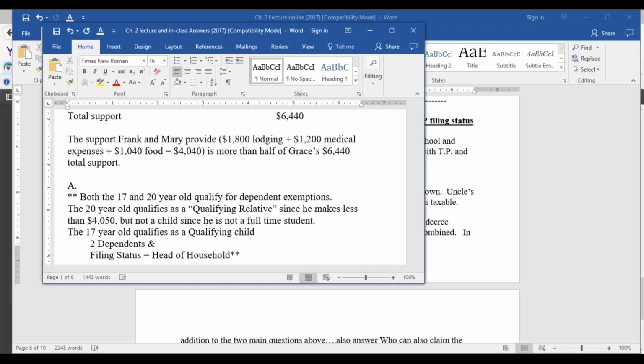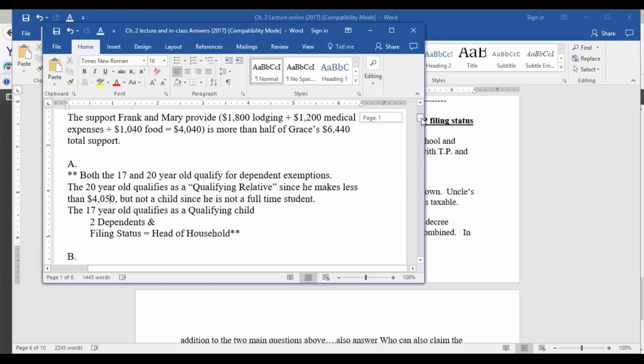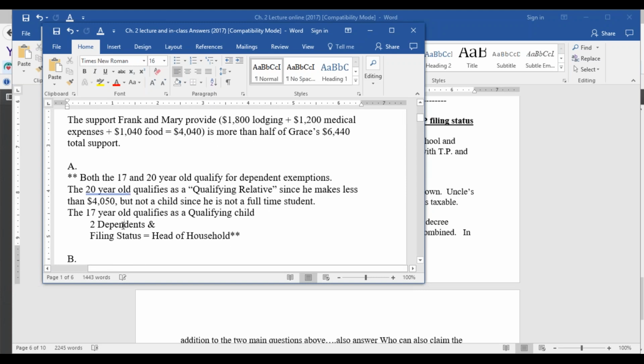So they meet the income requirement for a qualifying relative. The 17-year-old child, it doesn't matter what they make. They would be considered a qualifying child. They are under the age limit that's necessary. So this individual could claim 2 dependents and file head of household.